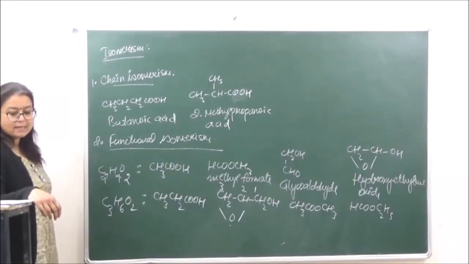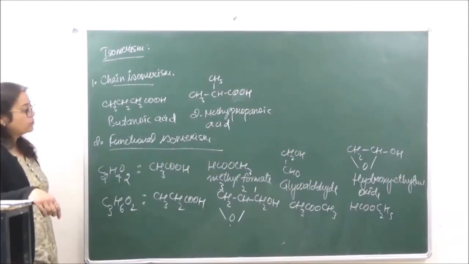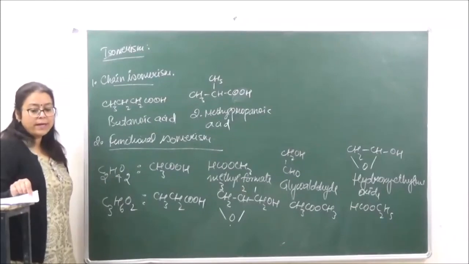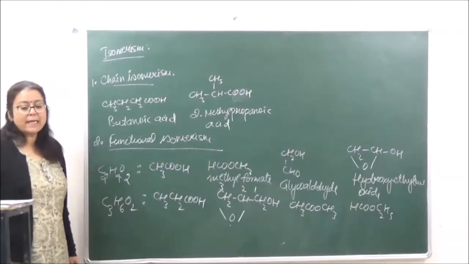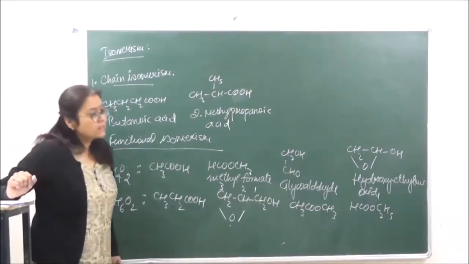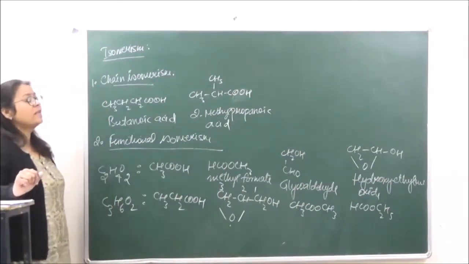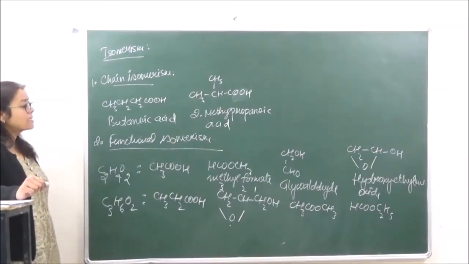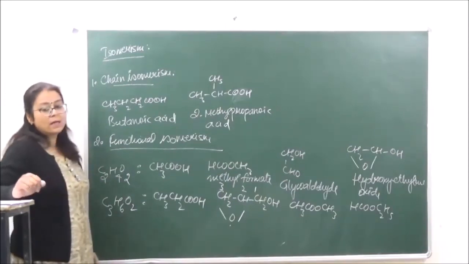So these are some of the functional isomers of C3H6O2. Now over here, talking about functional isomers, the rest of the compounds we've done, alcohols and ethers, did not have so many functional isomers as the carboxylic acids have. They have the maximum number of functional isomers which can be formed from one particular compound.